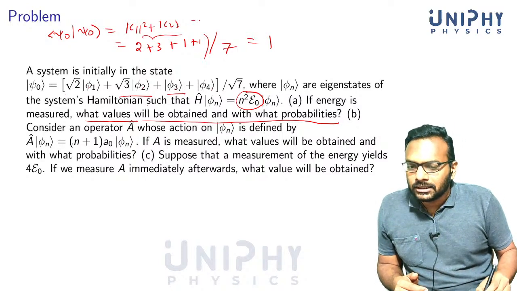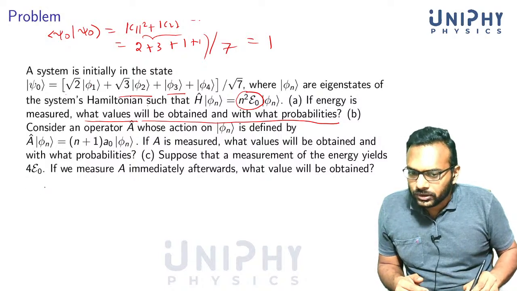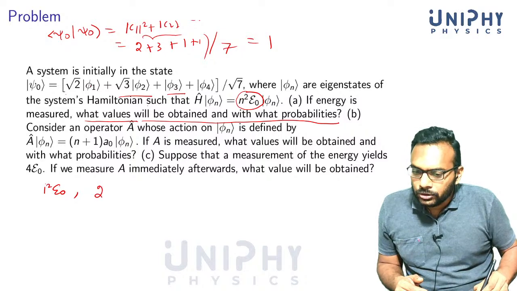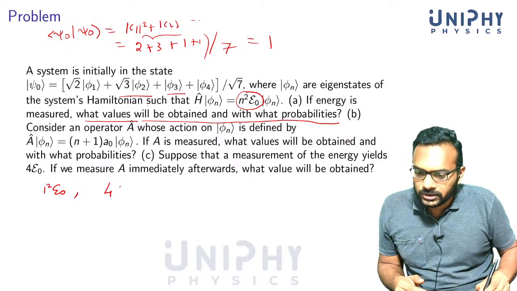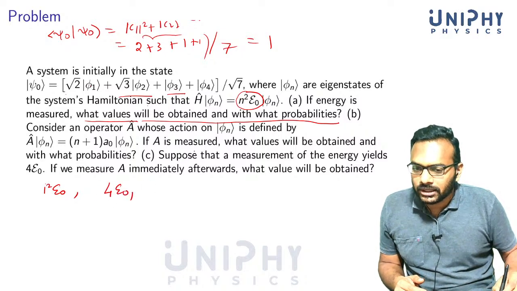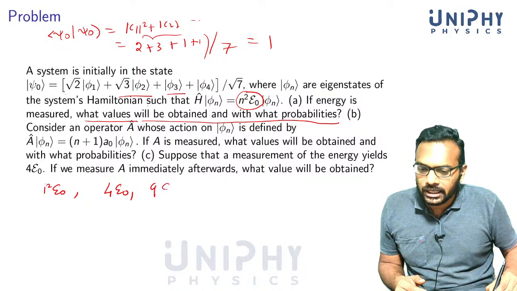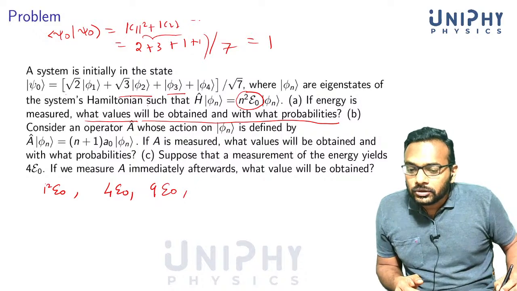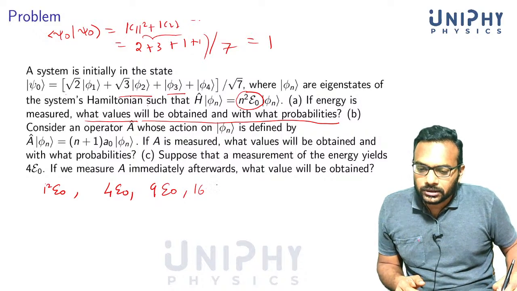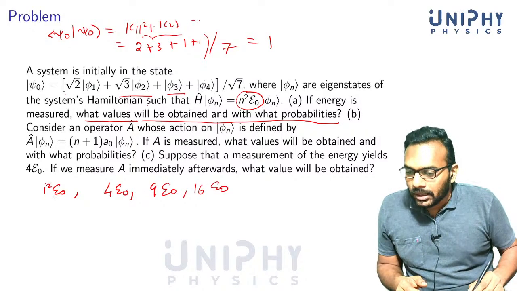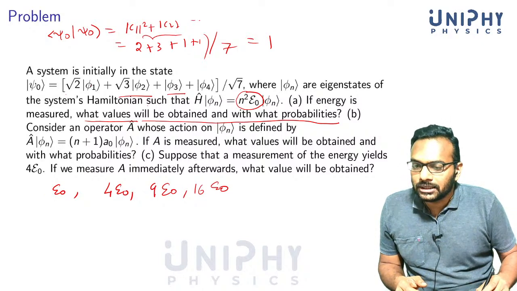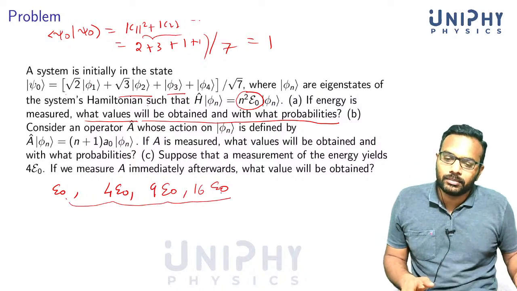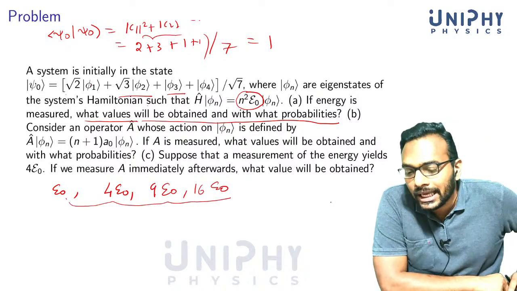So the possible values of energy would be 1 square epsilon 0, 2 square epsilon 0, which is 4 epsilon 0, 3 square epsilon 0, which is 9 epsilon 0, and 16 epsilon 0. These are the eigenvalues corresponding to the eigenvectors, and these are the values you expect when you make a measurement. You will get one of these values as the energy measurement.